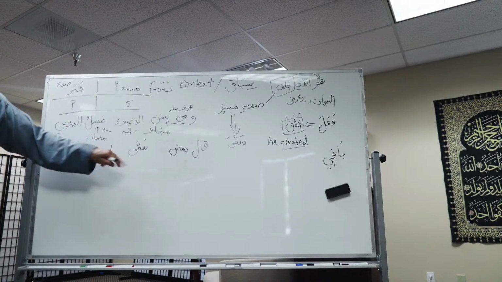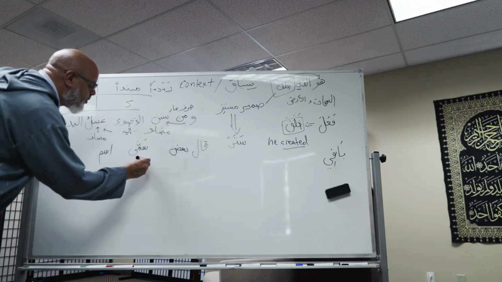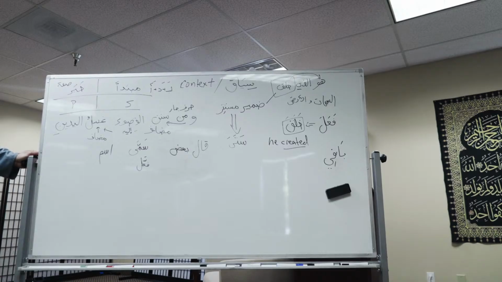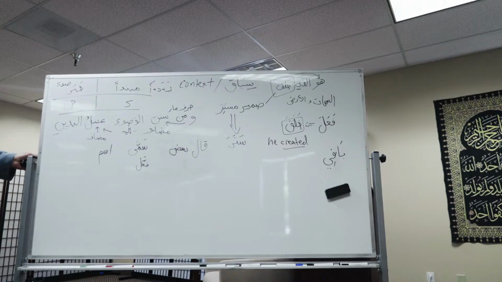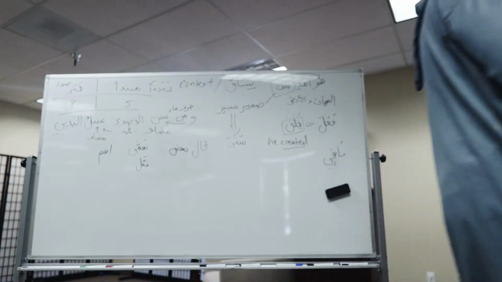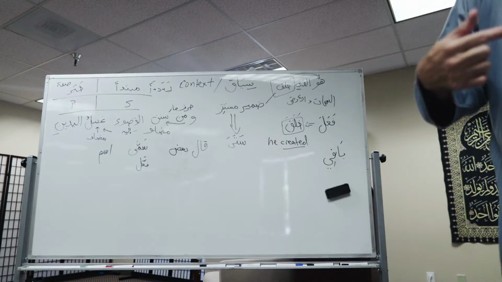Sama means to name something, to give something a name. But it's going to be in mubni ala al-majhul, built on the passive: is named.